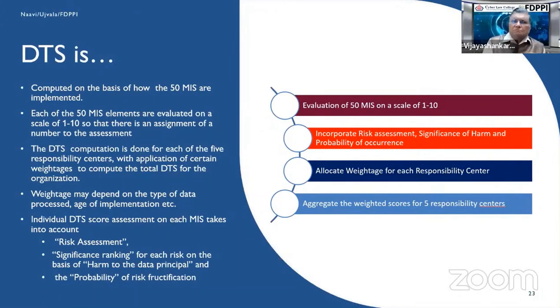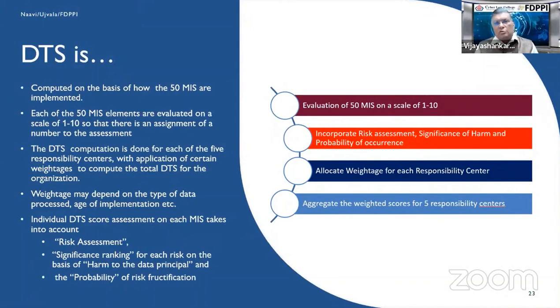And in evaluating and putting some number, there is a need for the system, which may be the auditor or the self-assessment system, to make a risk assessment on various processes and activities of the organization. While making the risk assessment, there has to be a significance ranking assigned, because our law talks of significance of harm. So we have to look at the harm caused to the data principal, what is the significance of the harm, and that has to be brought into the risk assessment.